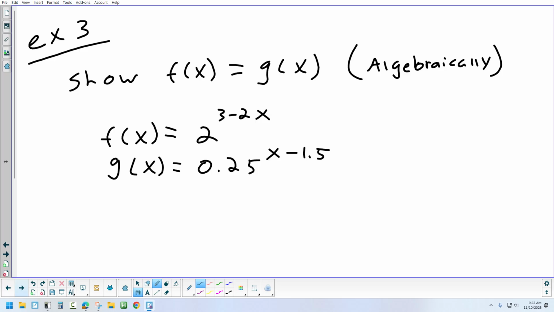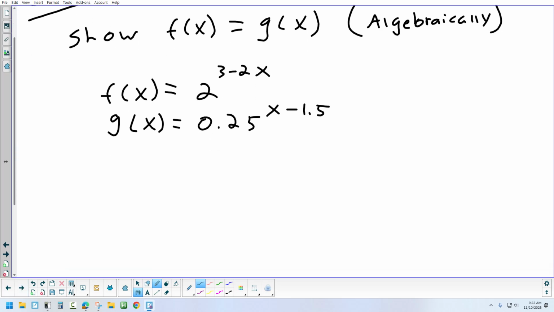All right. You can pick either one, whichever equation you think is going to be easier, but the goal is to pick one of them and work with it until you change it into the other one. I'm going to try to work with f of x.